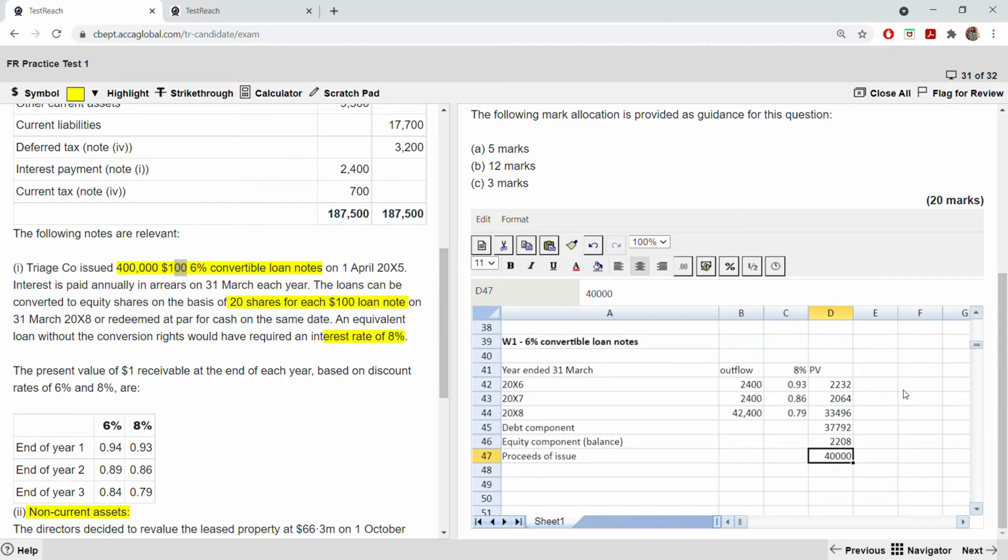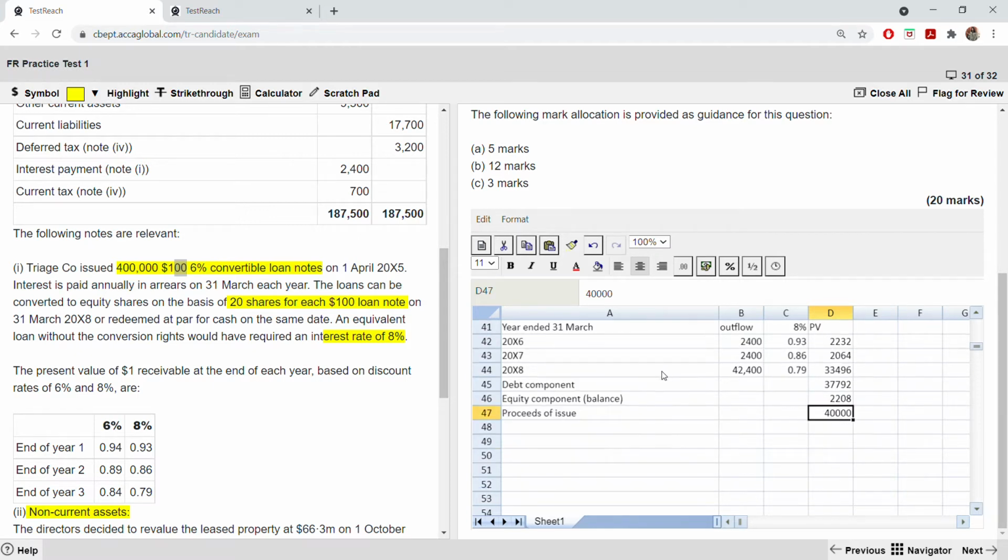The finance cost. You have to find the finance cost, right? So how much will be the finance cost? Okay, you need to write finance cost.